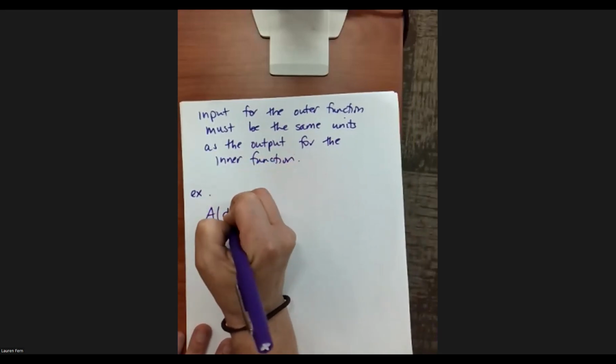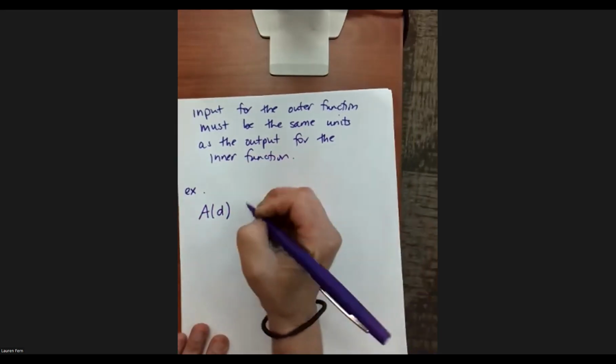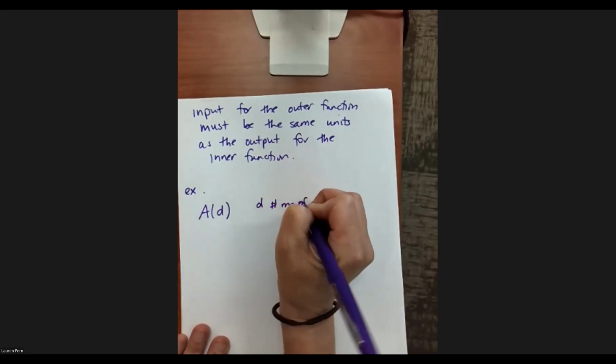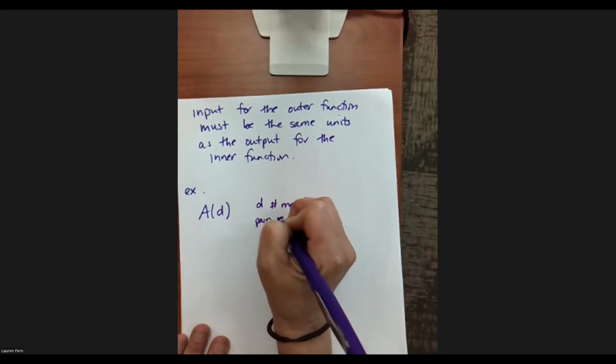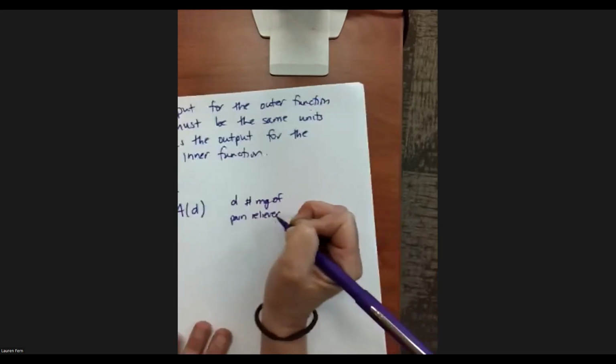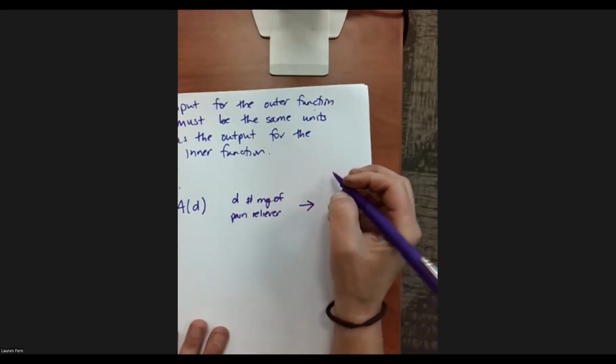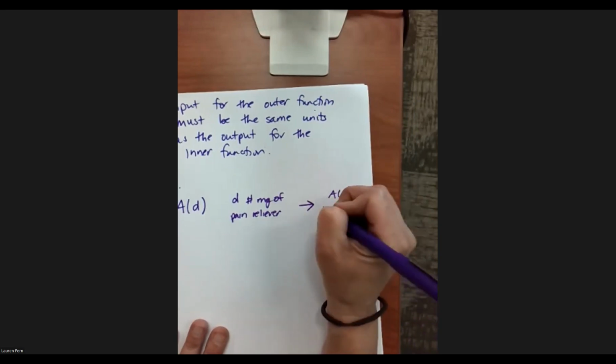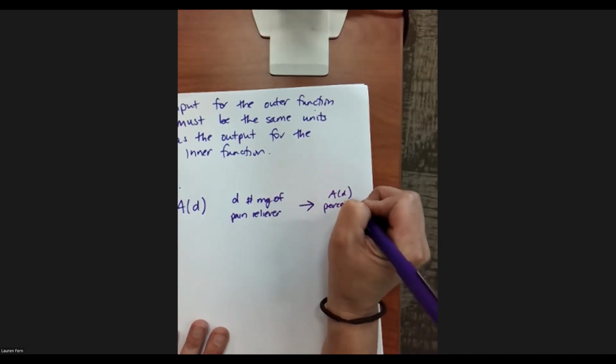What if I have this, A of D, and my D is the number of milligrams of pain reliever? And the output, A of D, is the perceived pain level.